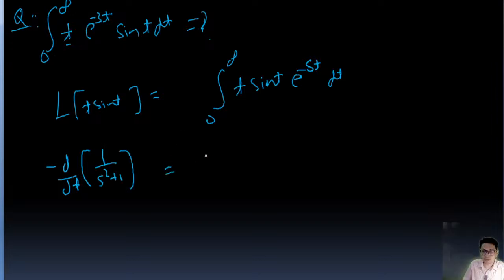This value is the integration from 0 to infinity of t sin t e to the power minus st dt. So we'll solve it.